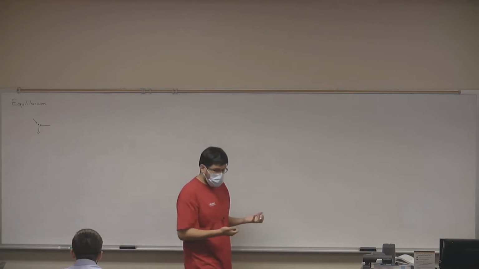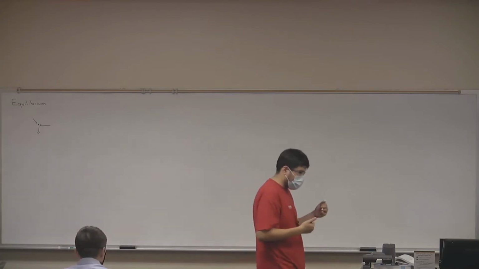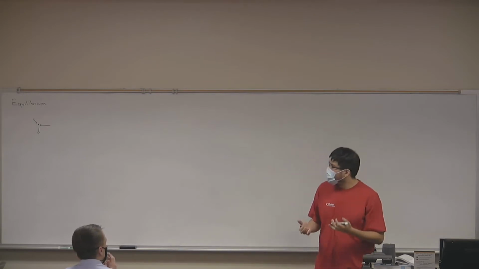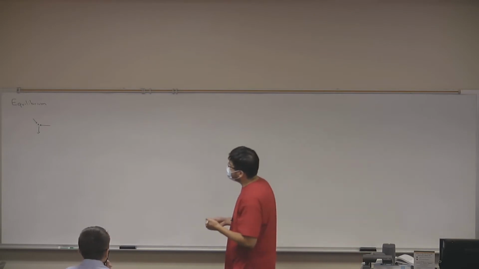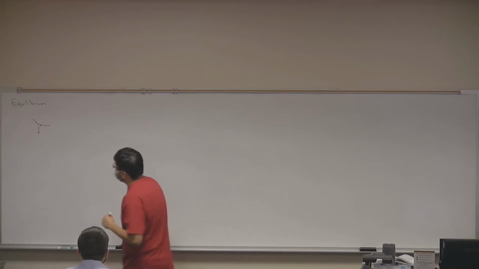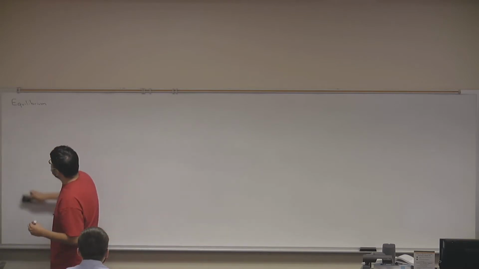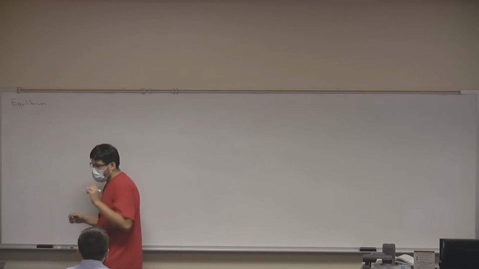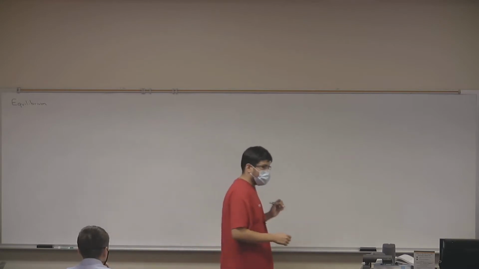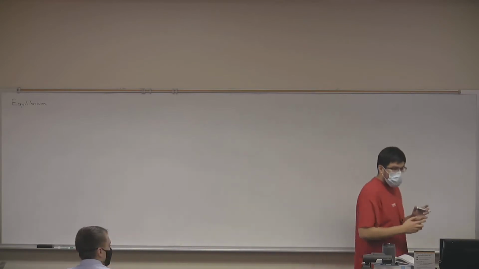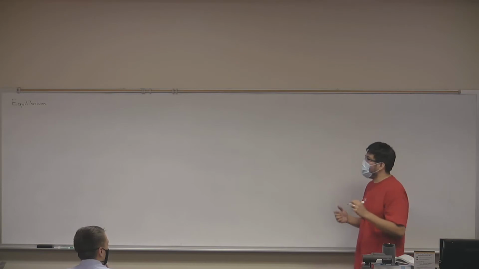A particle, as you may remember, has mass, but no discernible size. Now in this class, we are going to change all that, and instead of looking at equilibrium of a small particle, we're going to look at equilibrium of an entire body.